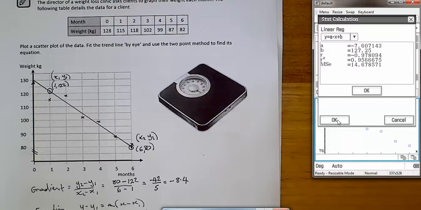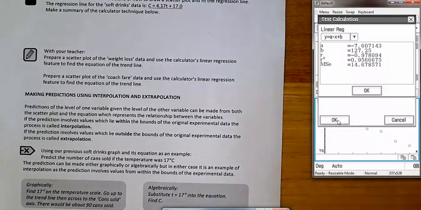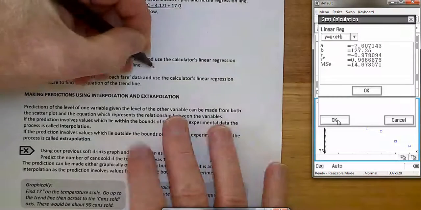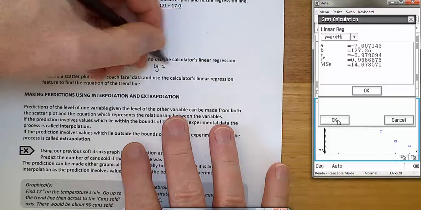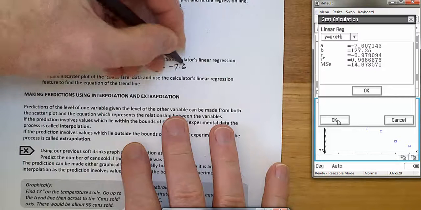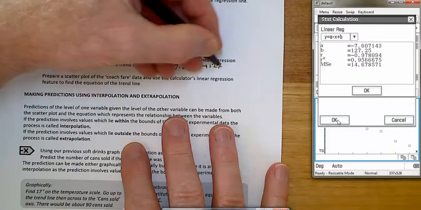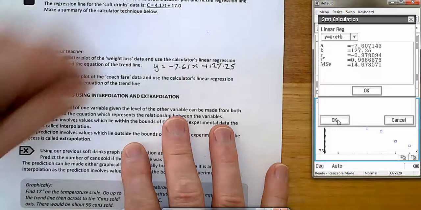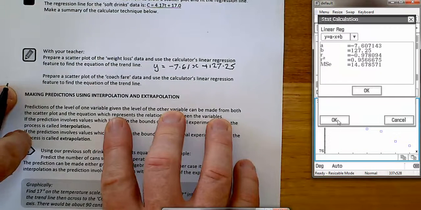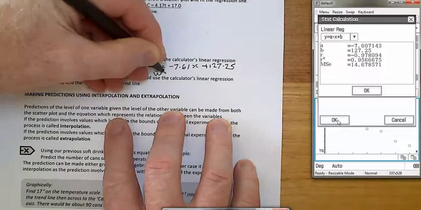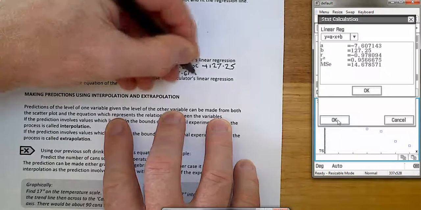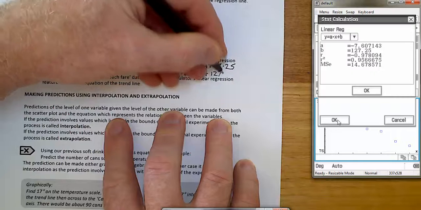The calculator has said, using a sophisticated regression technique, the relationship for the weight loss data is y equals negative 7.61x plus 127.25. If you want to put that in terms of weight and months, you could say weight equals negative 7.61 times the number of months plus 127.25.